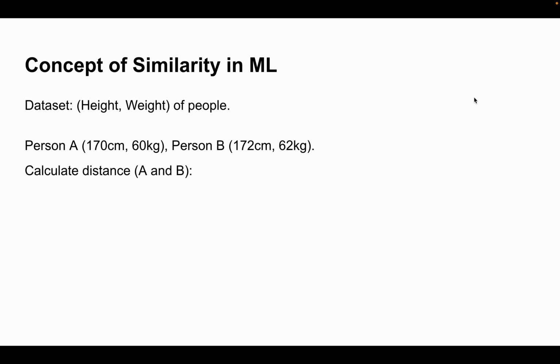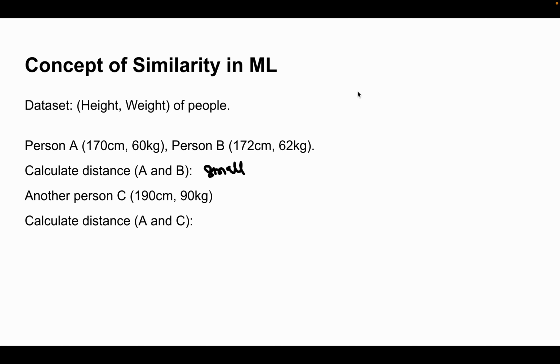If we calculate the distance, it's going to be very small between person A and person B. But if I compare it with another person who is 190 centimeters high and 90 kg in weight, then between person A and person C the distance will be longer, right?